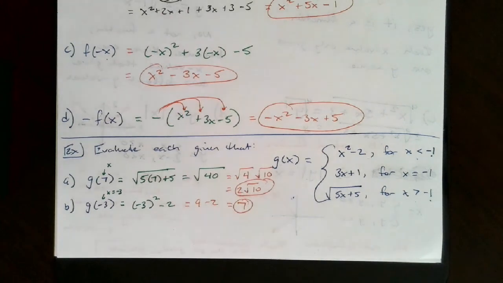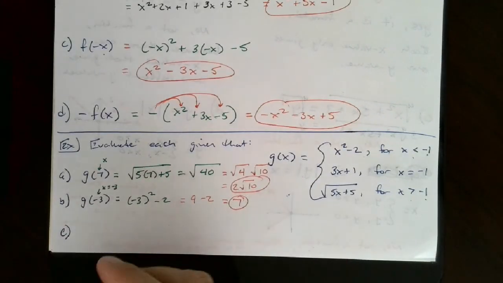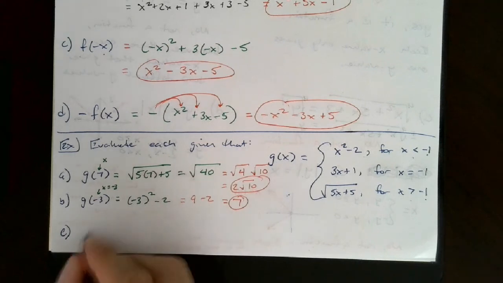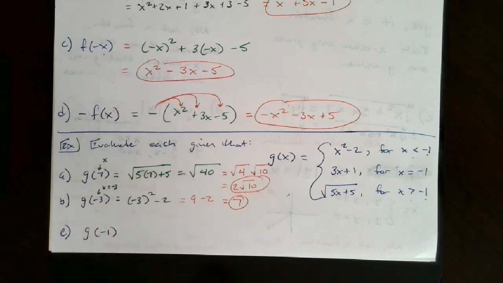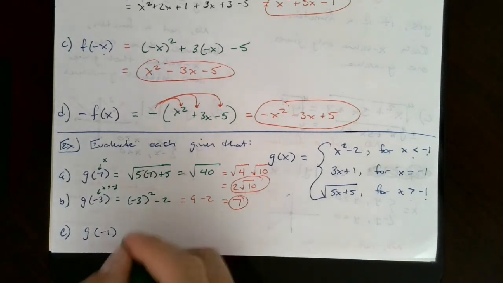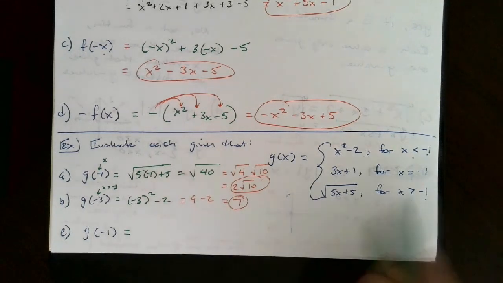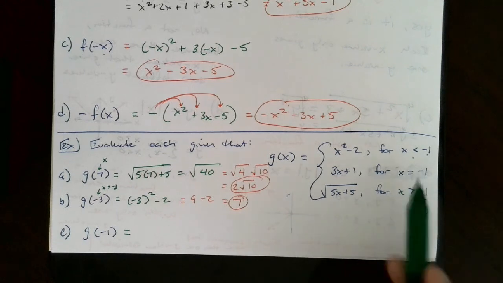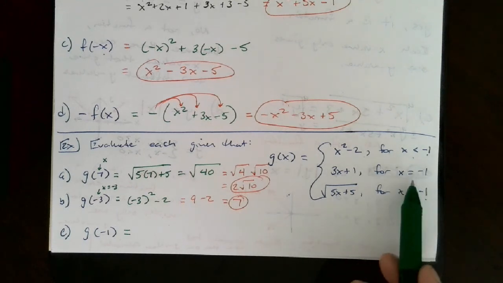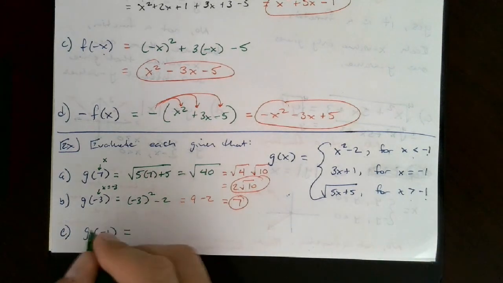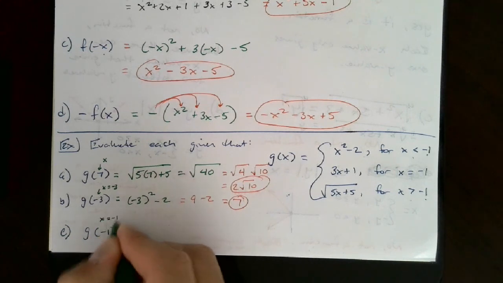This is another way of thinking of that. And lastly, let's find g of negative 1. For g of negative 1, which interval has negative 1 on it? In this case, x equals negative 1 has its own piece. This is x equals negative 1. That's what that's telling me.